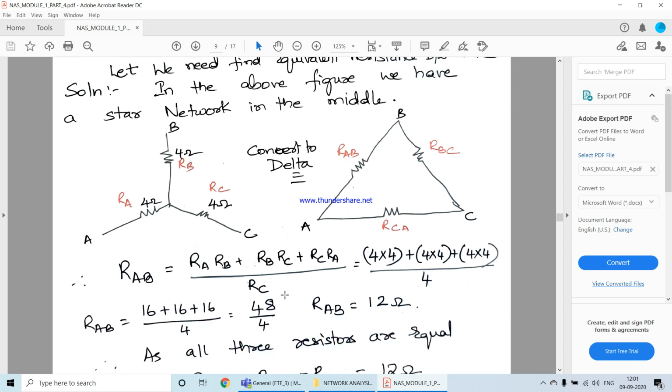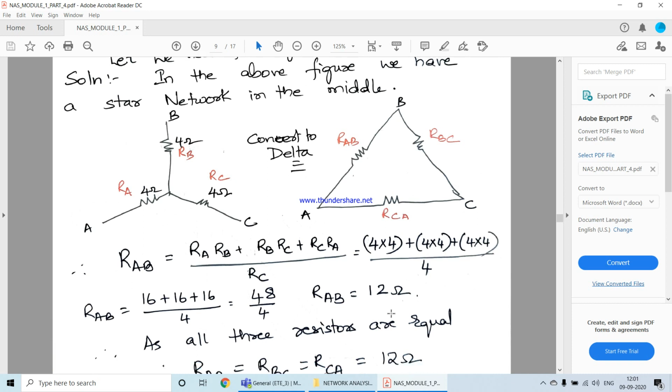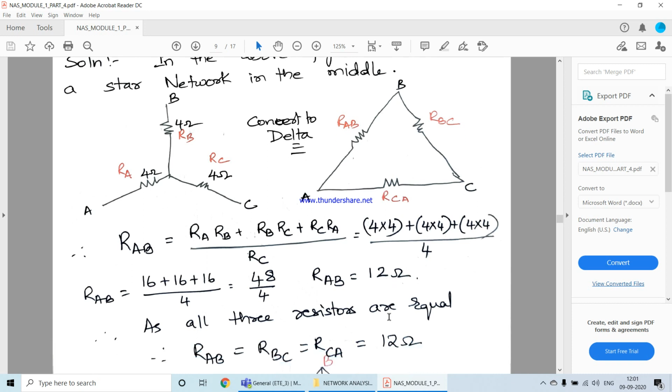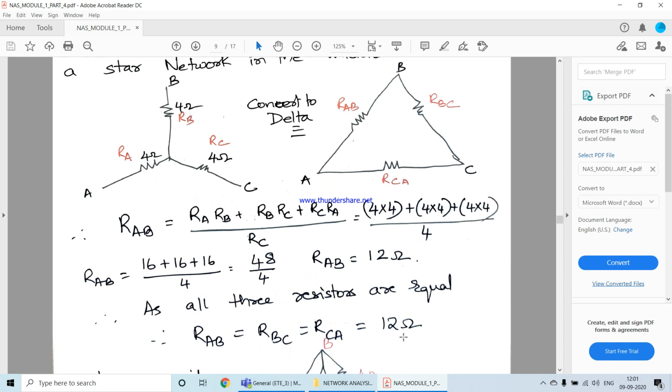Anyway here all three resistance values are equal, so RAB, RBC and RCA are all equal. So RAB is 16 plus 16 plus 16 by 4, which is 48 by 4, so RAB is equal to 12 ohms. As all three resistor values are 4 ohms, RAB equals RBC equals RCA, which is 12 ohms.